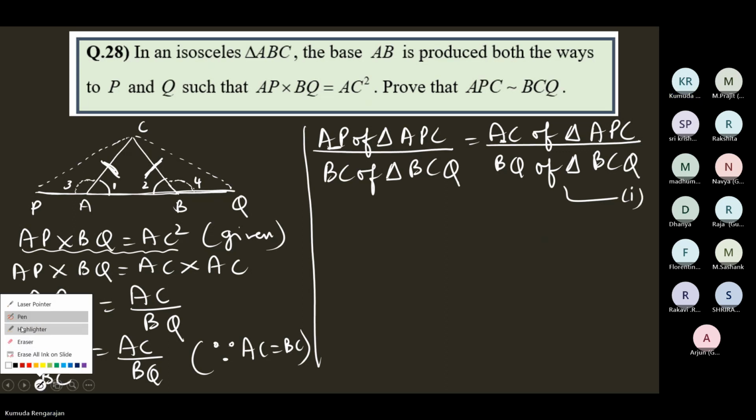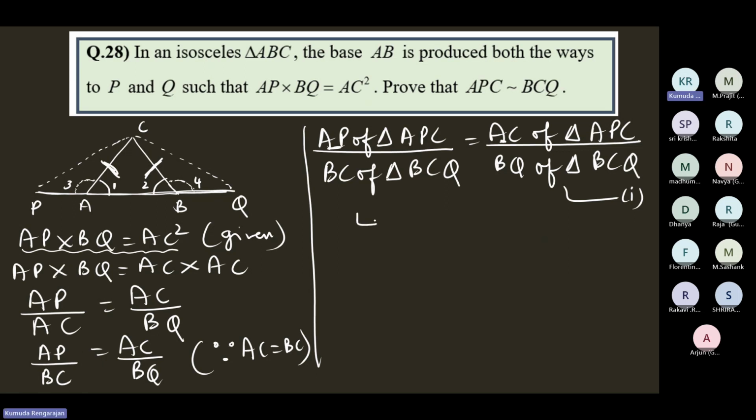Now, we'll say angle 1 is equal to angle 2, given, or because AC is equal to BC. Because AC is equal to BC, the angles opposite to them are also equal.